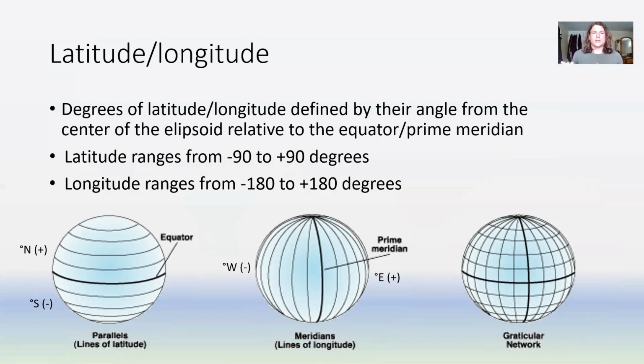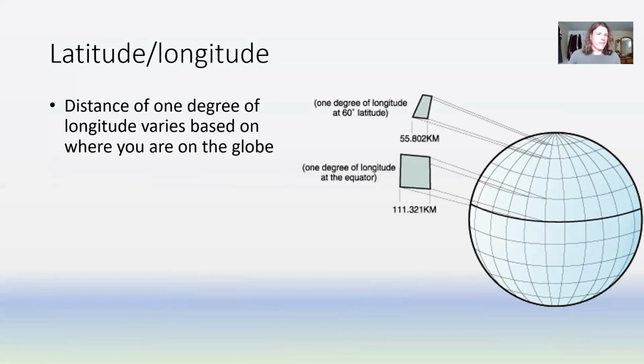Degrees of latitude and longitude, again, are just defined by their angle relative to the center of the ellipsoid. So latitude can range plus or minus 90 degrees north or south, whereas longitude can range plus or minus 180 degrees east or west.